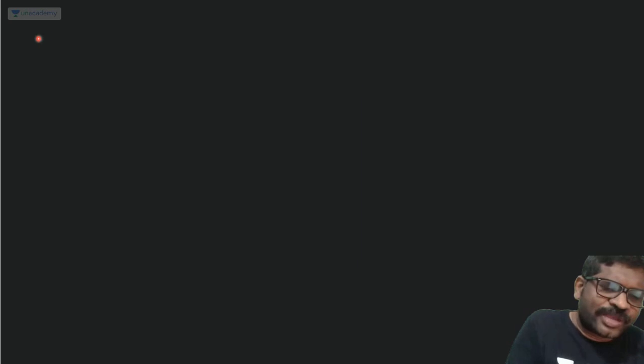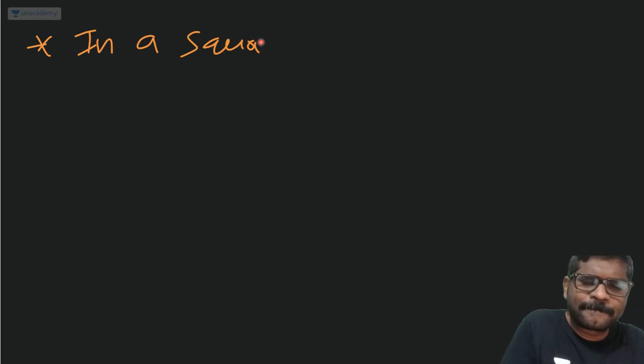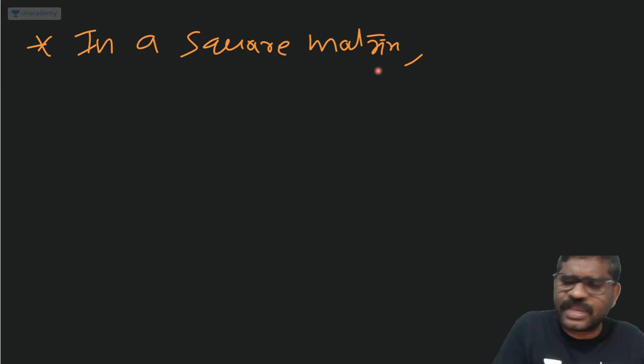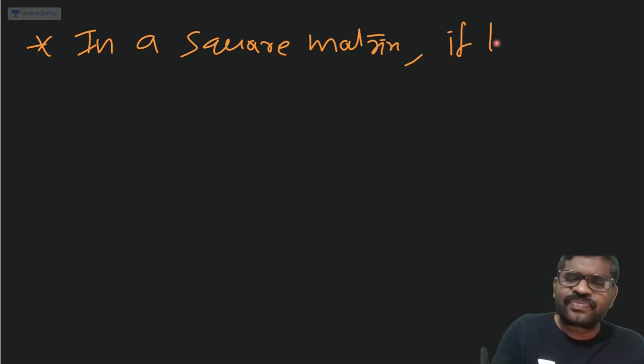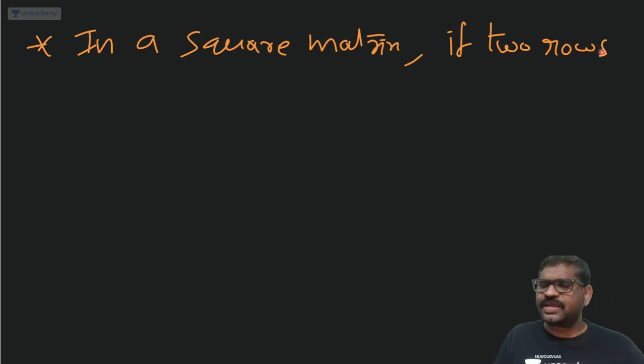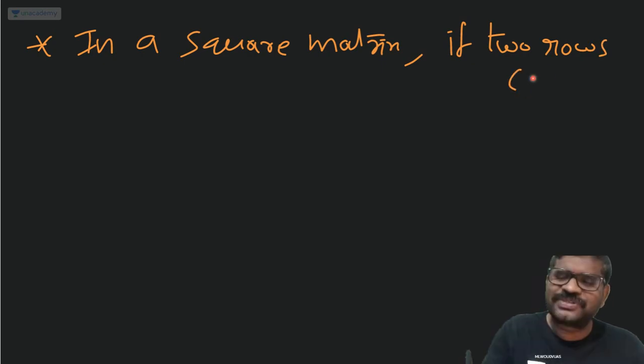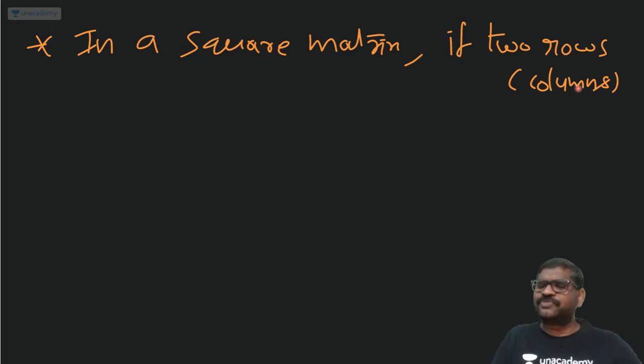In a square matrix, any property applicable for rows is applicable for columns also.